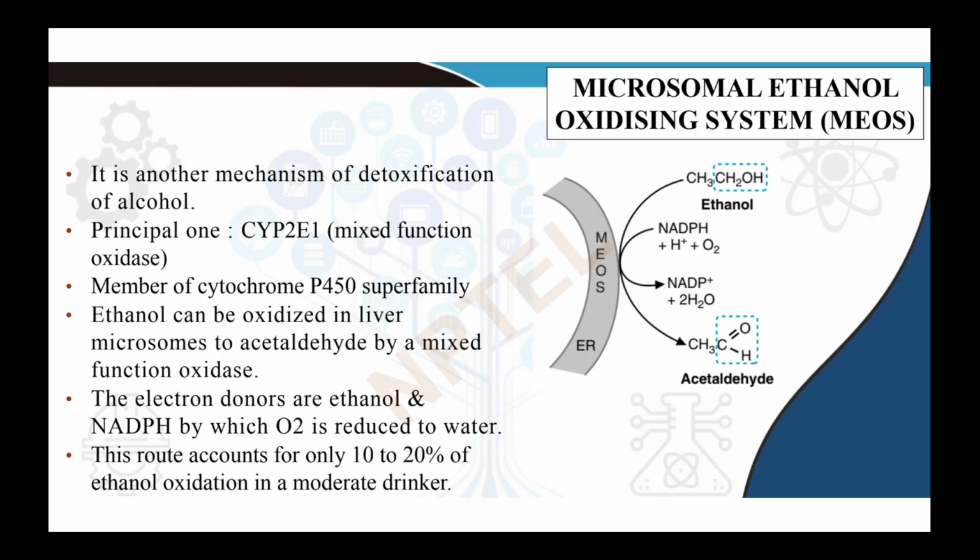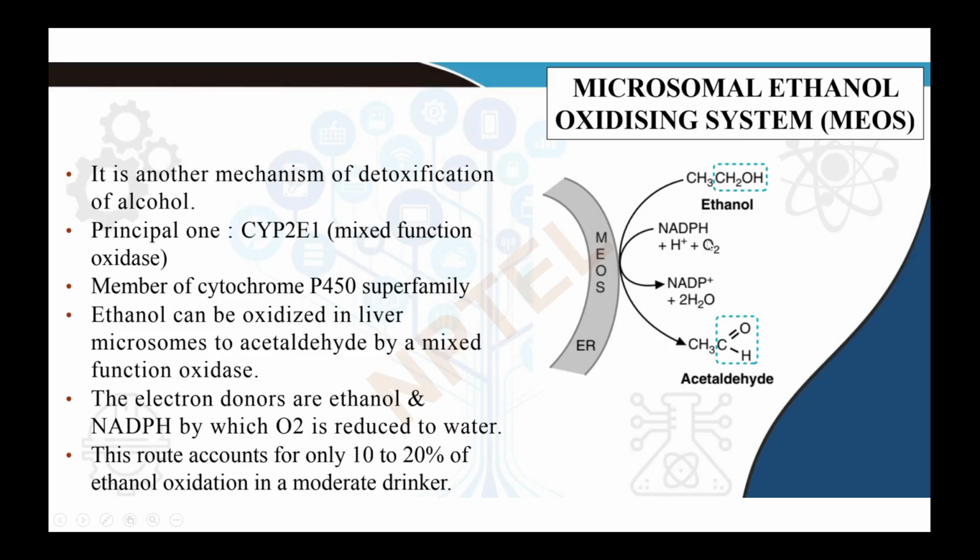It can also perform the oxidation of ethanol into acetaldehyde, and this enzyme uses NADPH. In case of alcohol dehydrogenase, NAD was getting converted into NADH, whereas in case of cytochrome P450, ethanol is being oxidized and NADPH is being used.